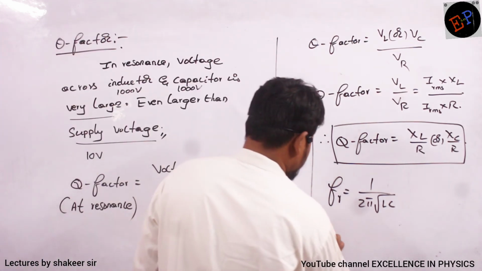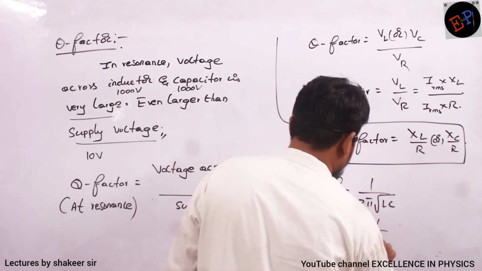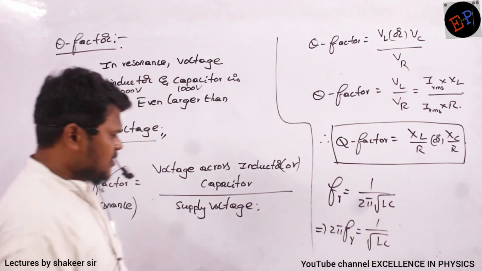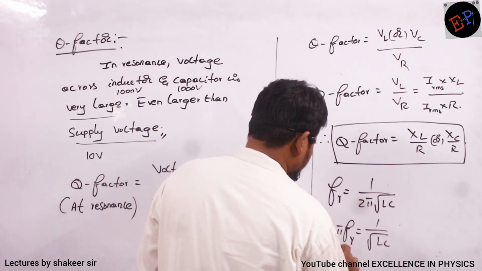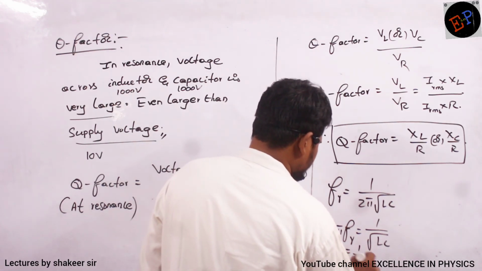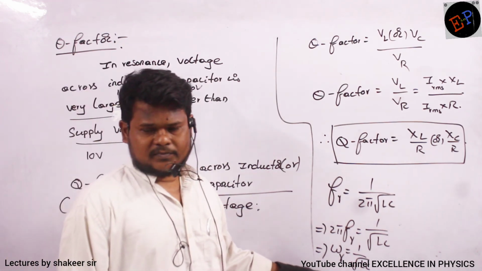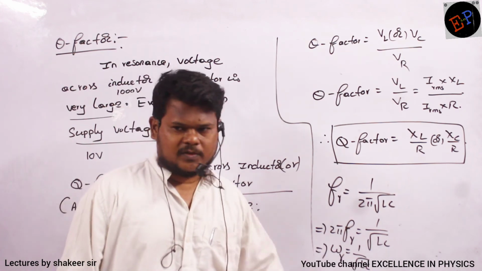Therefore, from this equation I can write 2 pi FR is equal to 1 by root LC. And 2 pi FR is nothing but omega. Omega R is equal to 1 by root LC.